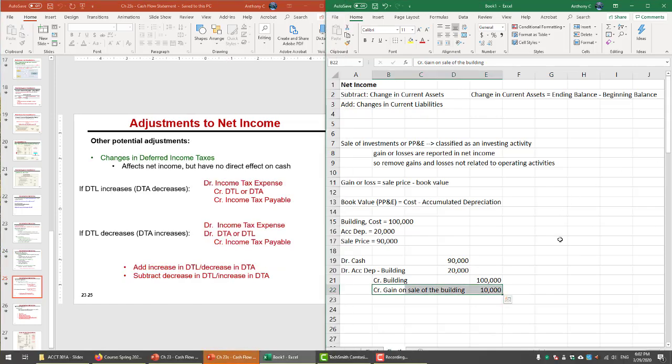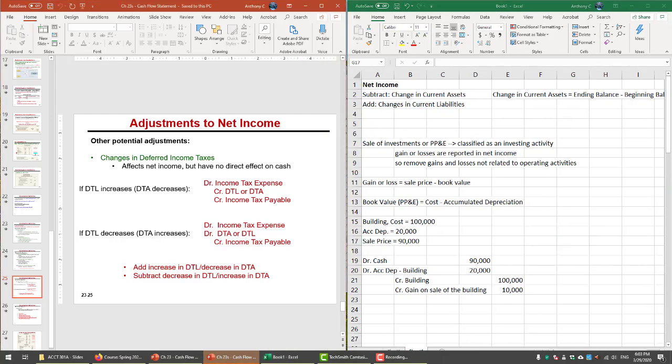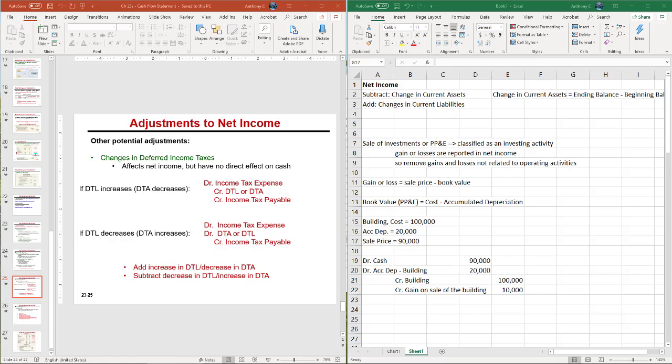Another possible adjustment we would deal with is how to adjust for deferred taxes. We're not going to go too into detail on this, but if you remember back to chapter 19 when we covered income taxes, income tax payable was the amount that is immediately due to the IRS, and our debit to income tax expense is our income tax payable plus or minus the change in deferred taxes.